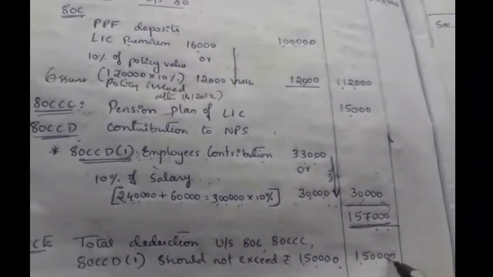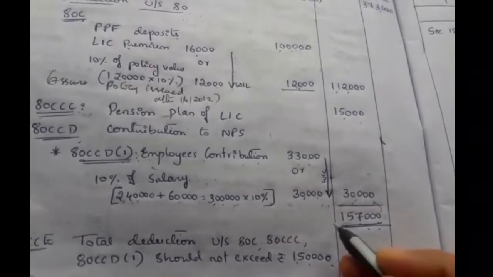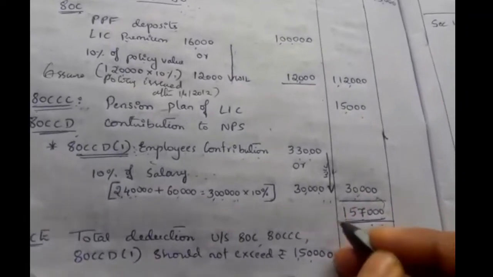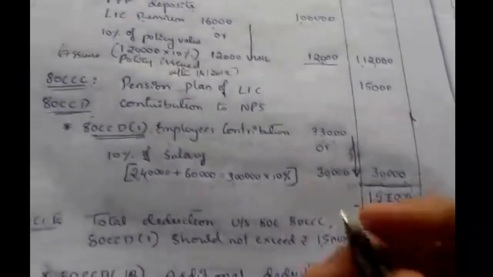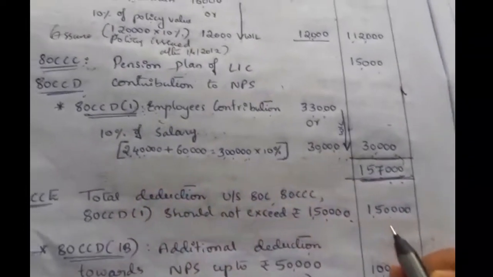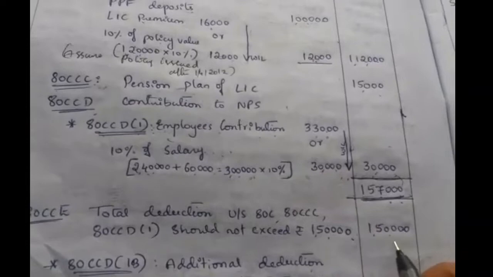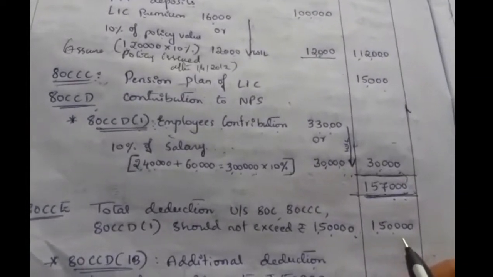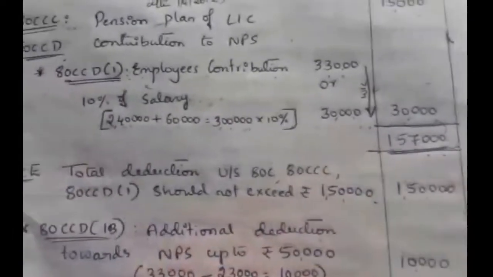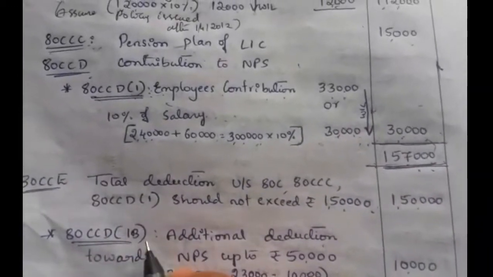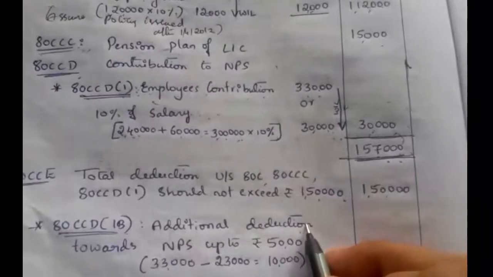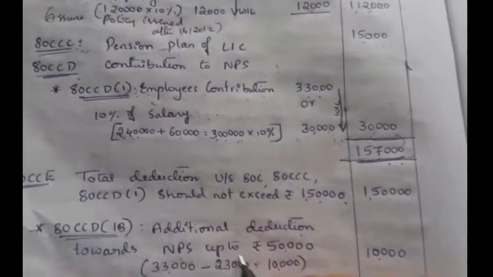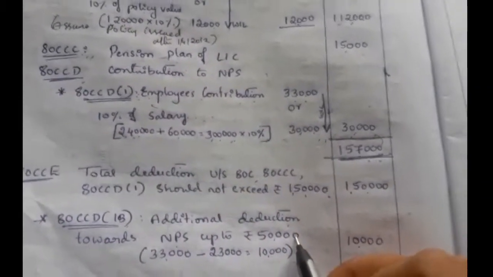So 1,50,000 we can claim, and to avoid the totaling we have to draw a line like this. So this is about 80CCE, which says we should not exceed 1,50,000. Next, the 80CCD 1B section says that an additional deduction towards NPS up to 50,000 we can claim here.